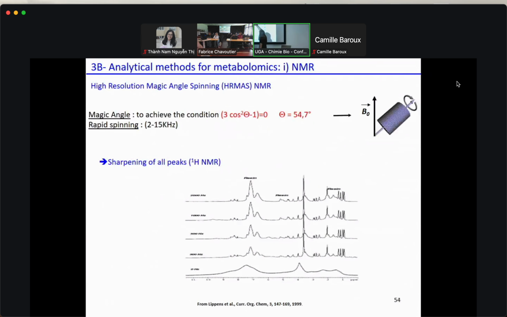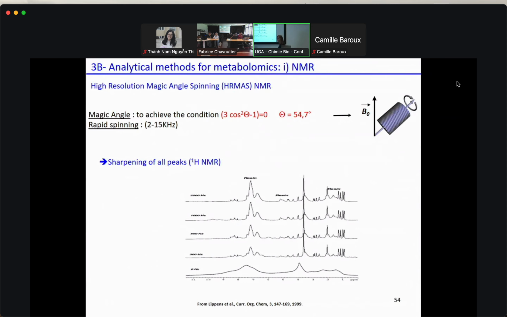And it's very interesting. If you place your sample to annul this term, 3 cos square theta minus 1, this is a 54.7 degree angle. So this is theory, but it works.